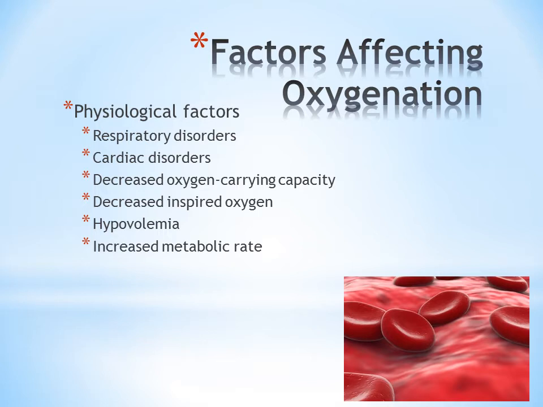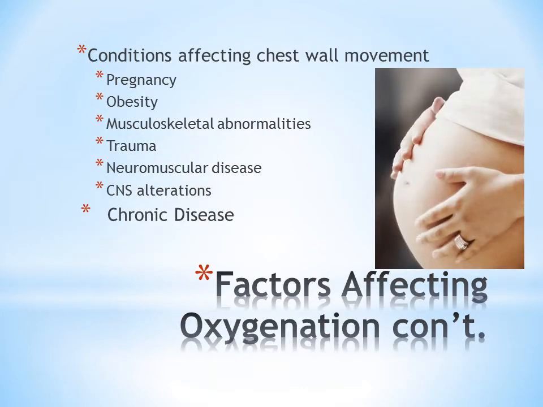And with cardiac disorders, any condition that affects cardiopulmonary functioning directly affects the body's ability to meet oxygen demands. We also have CNS alterations such as phrenic nerve paralysis or injury, and with chronic diseases, cystic fibrosis, polymyositis, and Guillain-Barré syndromes.